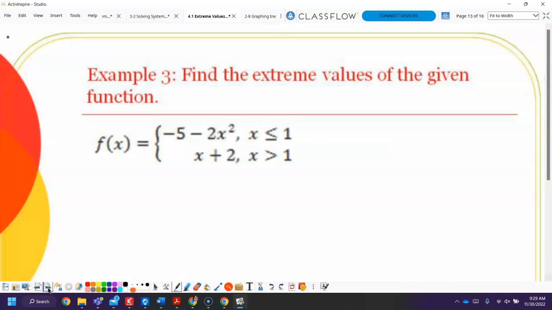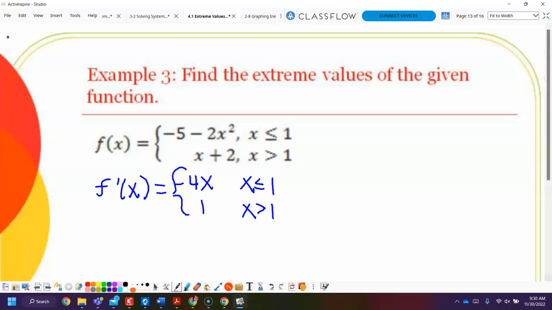Okay. We can find extremas on a piecewise function. You can still do the same process. Find your derivative. What do we know about this function and its derivatives? Are they going to match?